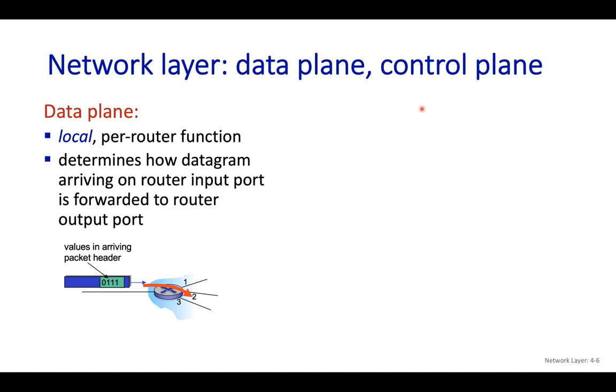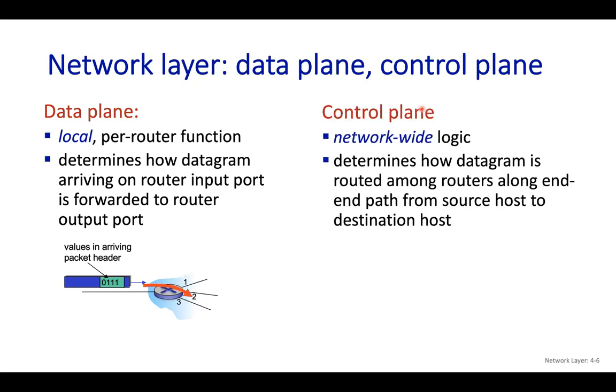The data plane is a local per-router function. It determines how a datagram arriving on a router input port is forwarded to a router output port. You can see here a value arriving in a packet header, and it determines which way you're going to go. You can think of the data plane as corresponding to the forwarding algorithm. We will talk about how the forwarding algorithm works. Generally speaking, the data plane is a local per-router function.